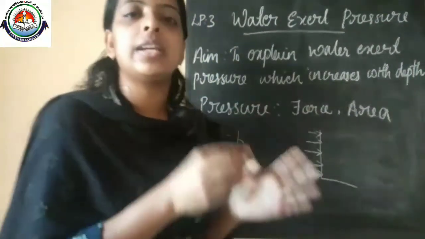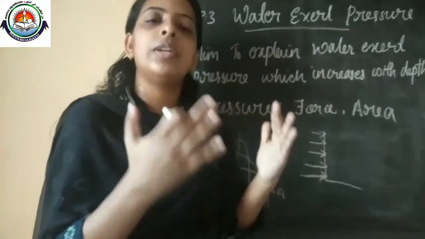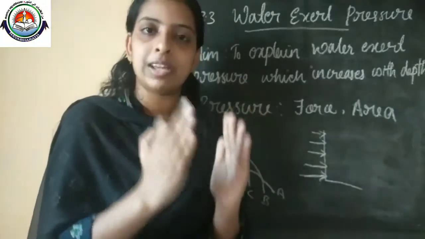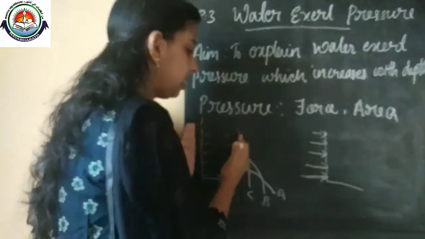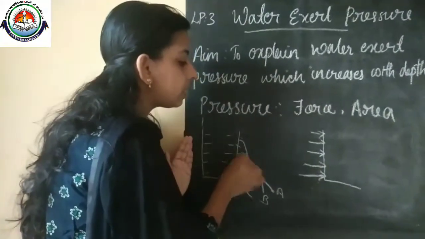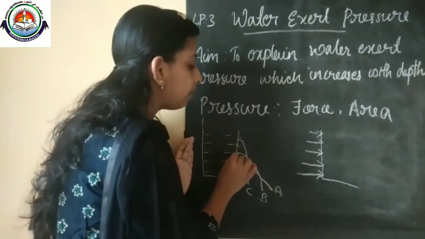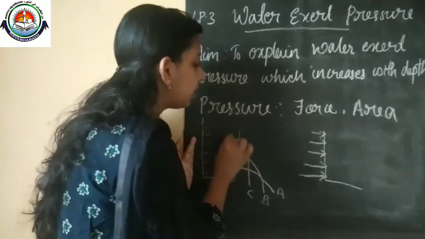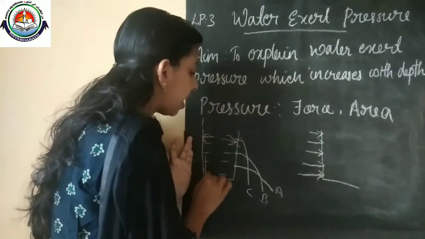And in the case of dams, we know that if we take water in a vessel and make a hole like this, the water comes out. Why? Because water exerts pressure on the walls, the bottom, and everywhere.